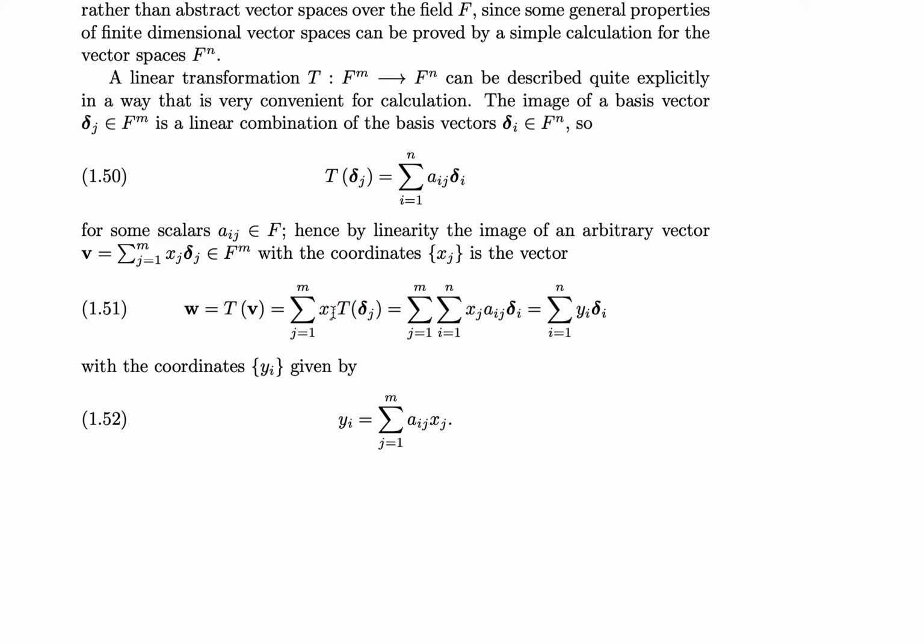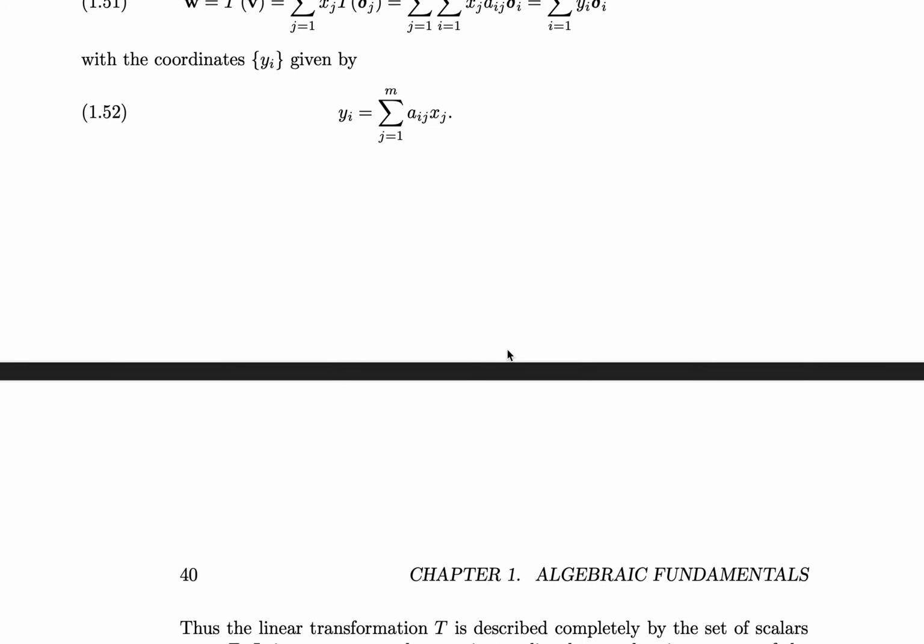Because you applied linearity, you can put the x_j inside, and you can derive it as T of the sum of x_j delta_j, where that is just v. So v is the sum of x_j delta_j's, and then w can be written as a sum of y_i delta_i's, where the delta_i's are taken as a basis of F^n, i.e. there are n of them.